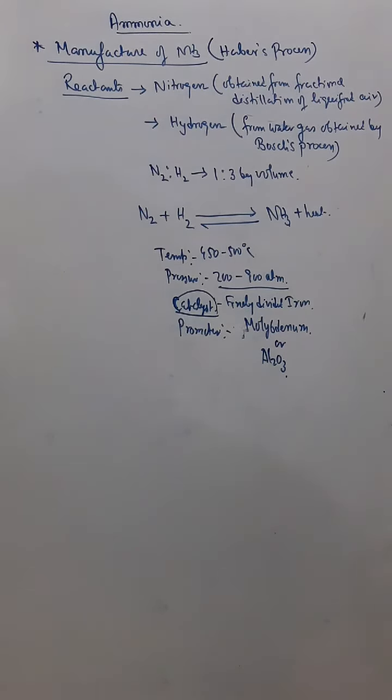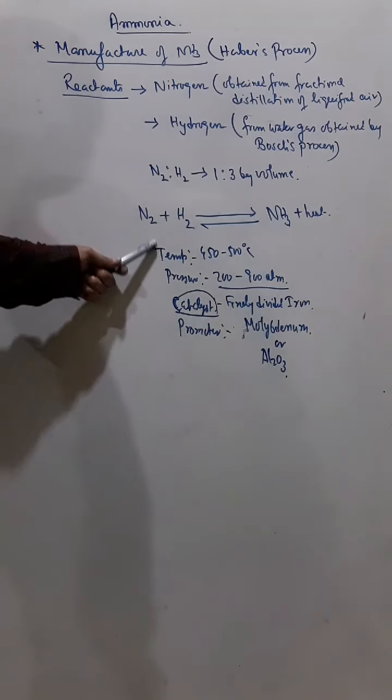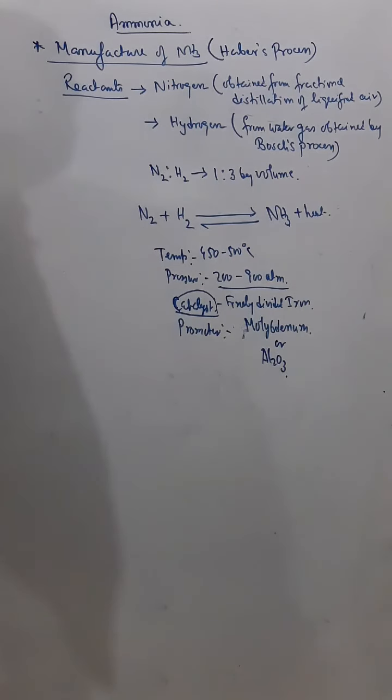So hence, to increase the efficiency of the catalyst, we use a promoter. Here the promoter is molybdenum or aluminum oxide. Okay, so this is how we manufacture ammonia by Haber's process, and it is very important, and you have to learn these conditions. These conditions are also very important.